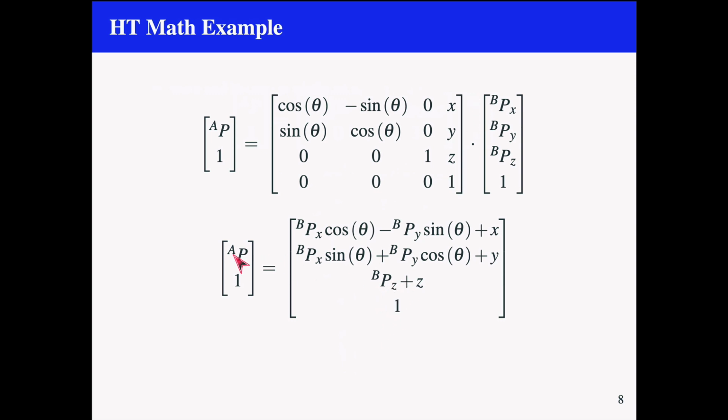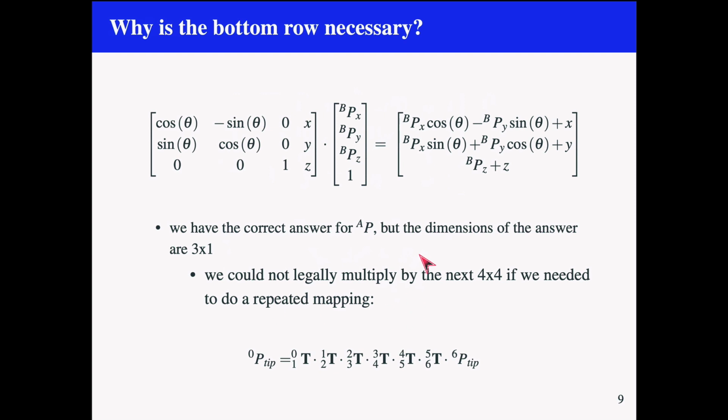It's really important that when we do this, we end up with our position vector, but also have a 1 at the end, so that if we needed to transform it to another frame, we could multiply. We're ready to multiply by another 4x4. So this needs to be a 4x1 result so that it can multiply by the next matrix.